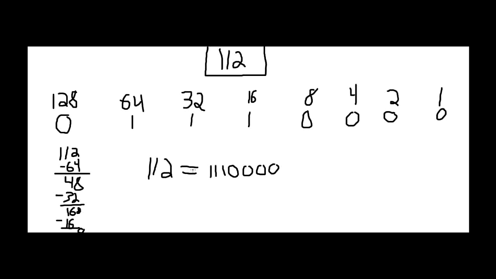Now, there are some other ways to do this. You can multiply and divide, but I find this to be 1,000 times easier. I guess it all depends on what you want to do, or what your professor wants you to do. Again, some professors will make you put down this first 0, so technically it could be 0, 1, 1, 1, 0, 0, 0, 0. But most professors don't make you write down that first 0.